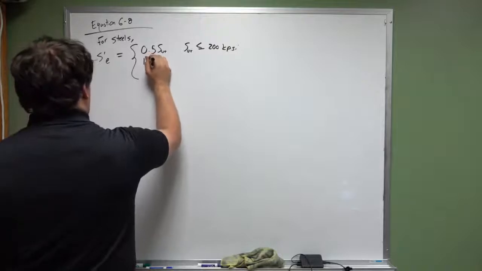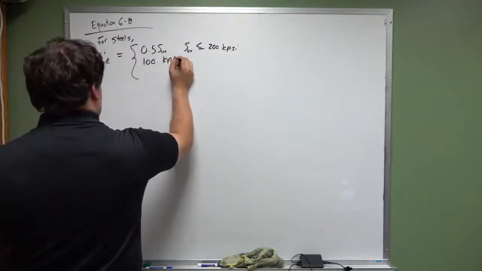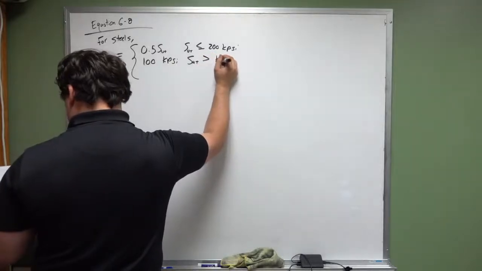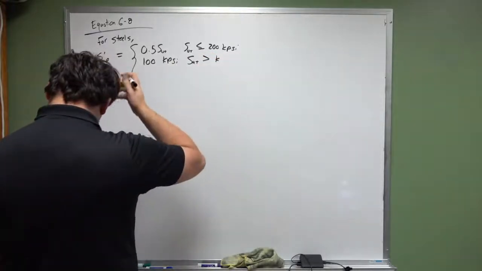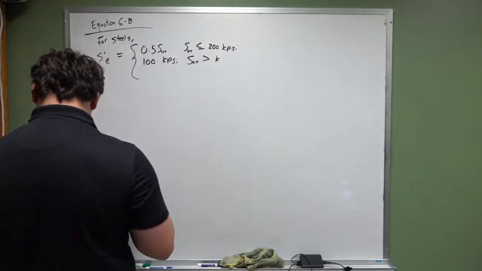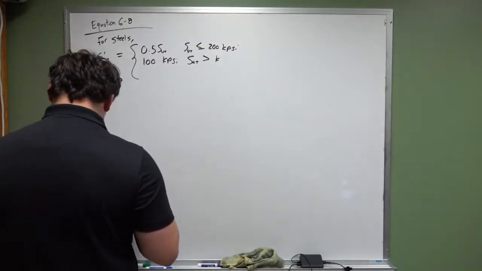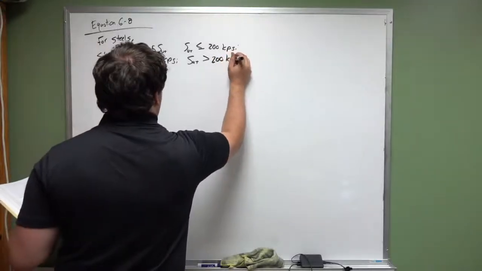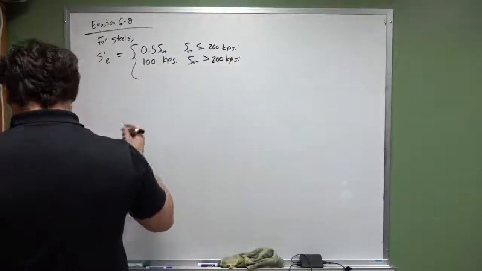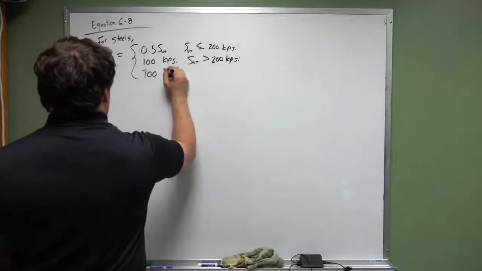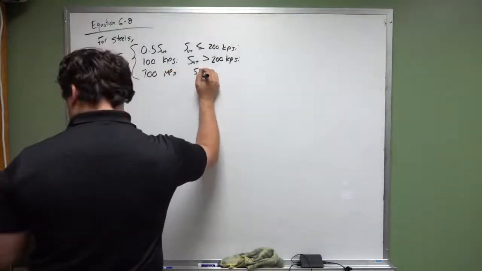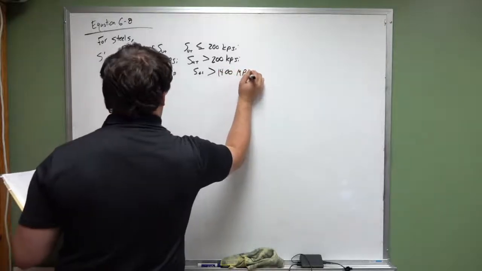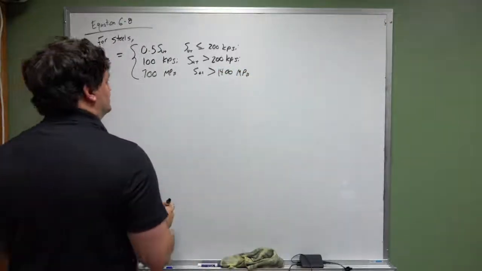It's going to equal 100 kpsi if the SUT is greater than 200 kpsi. Okay, and for the metric equivalent, it's 700 megapascals if the SUT is greater than 1400 megapascals. Okay.